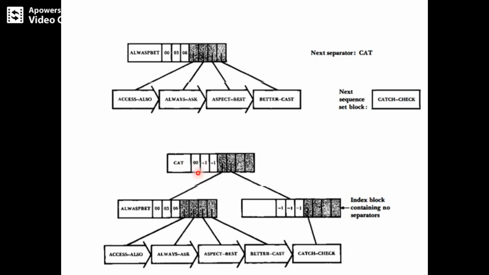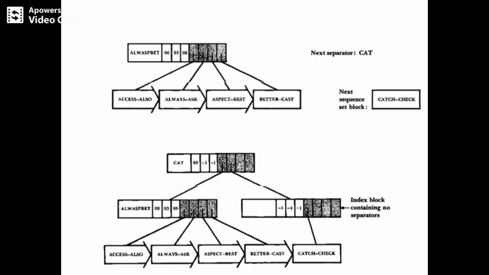Only one separator is there, so everything else I have made -1, right? And now, if your key is greater than CAT, then it will go to the last block. If your key is less than CAT, it will come to this part and it will check the indices, and for the particular block it will assign. So this is how you are going to construct a B plus tree using this.